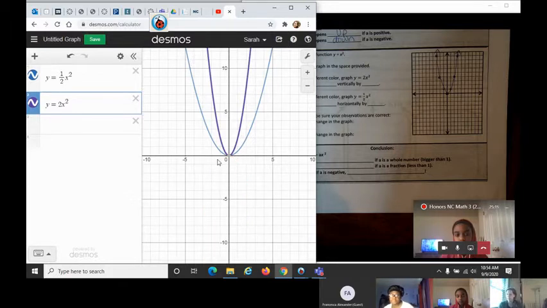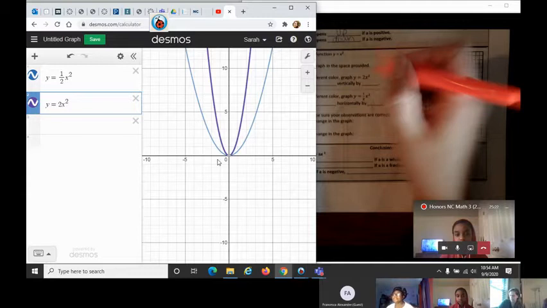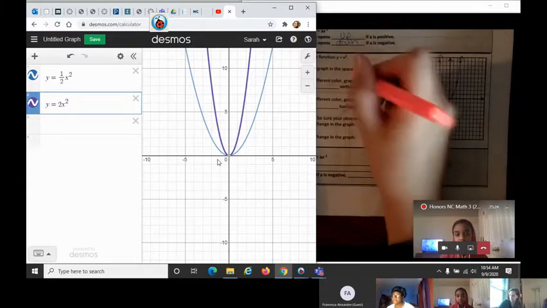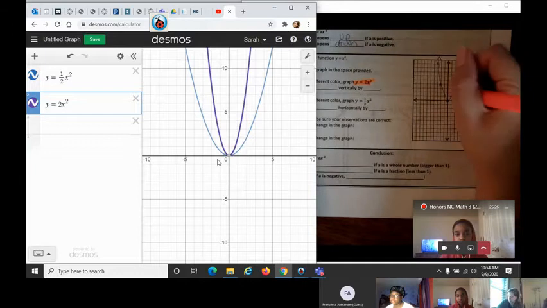So how do those compare? The 1/2 is fatter than the 2. Exactly. So I'll go ahead and put in this. So this one's going to be a little skinnier. I'm going to go up like this.